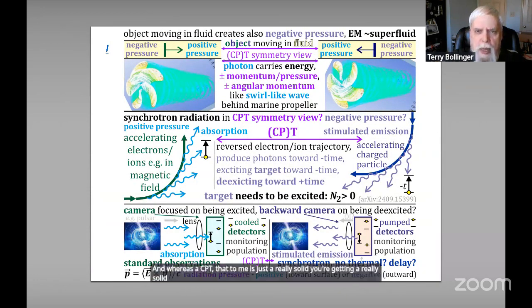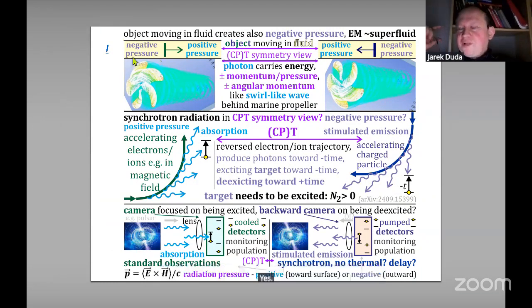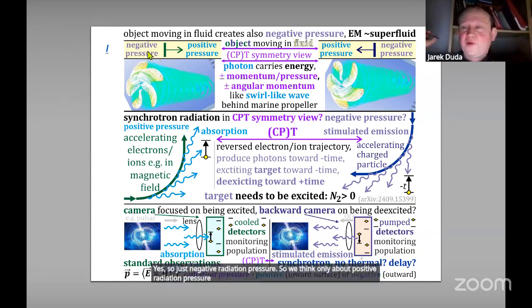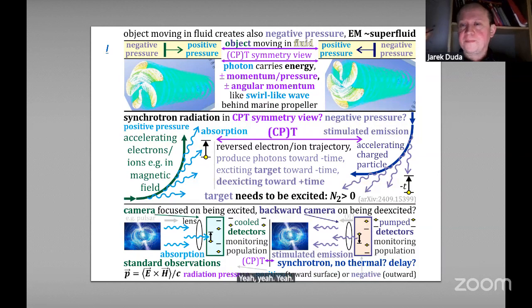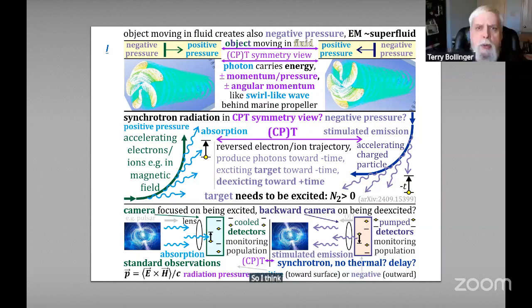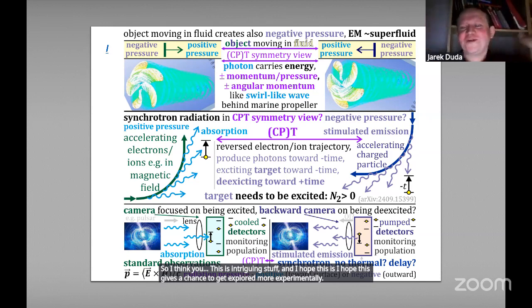So yes, that's negative radiation pressure. We think only about positive radiation pressure, but there should also be negative. The question is how to get it. Synchrotron radiation should be one of them. Yeah, there are more. That's why I think this is intriguing stuff, and I hope this gets a chance to be explored more experimentally. Yeah. So if you know somebody, I will really collaborate.